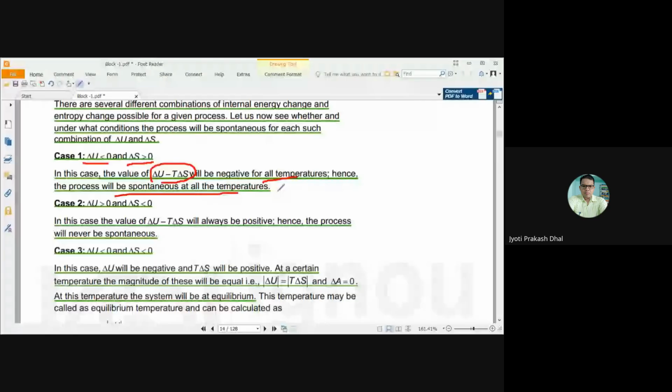Again, I am telling you, if there is decreasing internal energy and increase in entropy, then at any temperature the value of del U minus T del S will be negative.